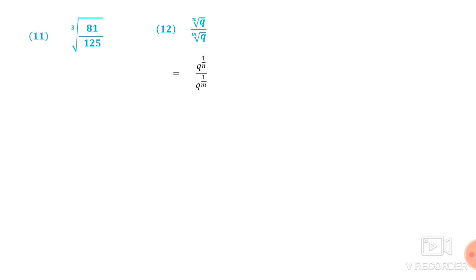Part 12, nth root of q, mth root of q. So we will write nth root of q, mth root of q as q exponent 1 upon n, q exponent 1 upon m. Here we can see the bases are the same, so we will subtract the exponents.